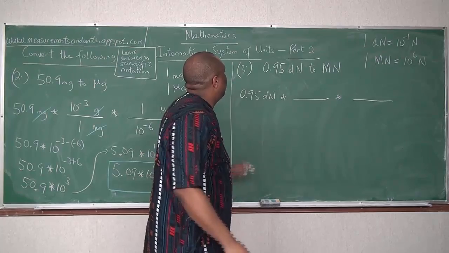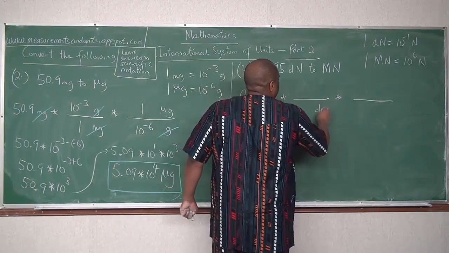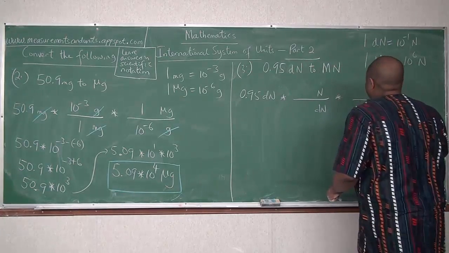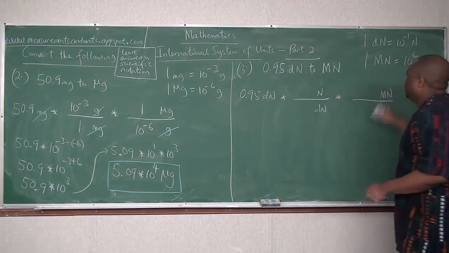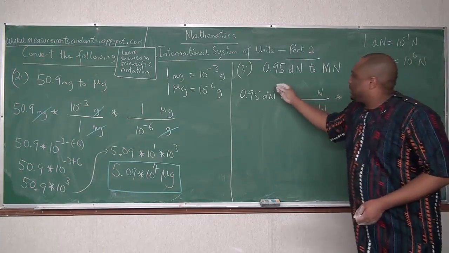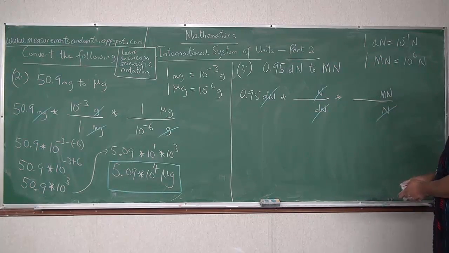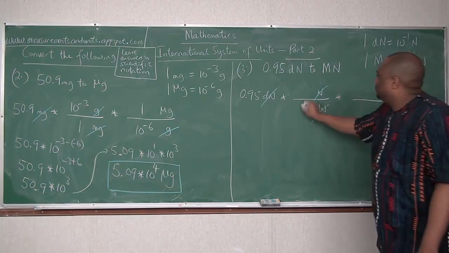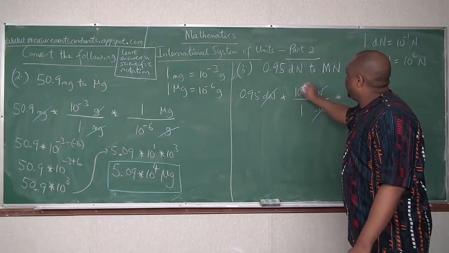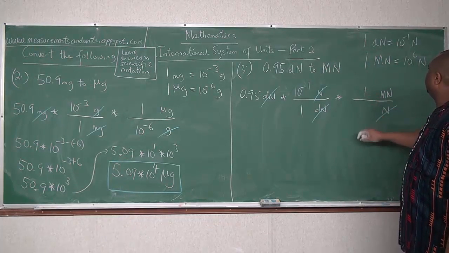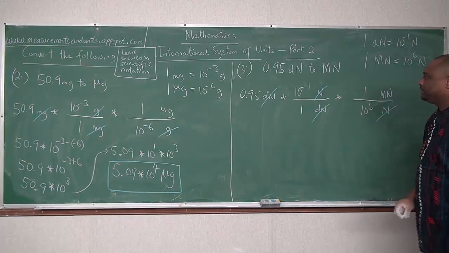I put my decinewton here, I put newton here, I put newton here, and I put meganewton here, so that it can cross out. Then I now put this 1, and this is 10 to the power negative 1. And this will be 1 meganewton, and this is 10 to the power 6.